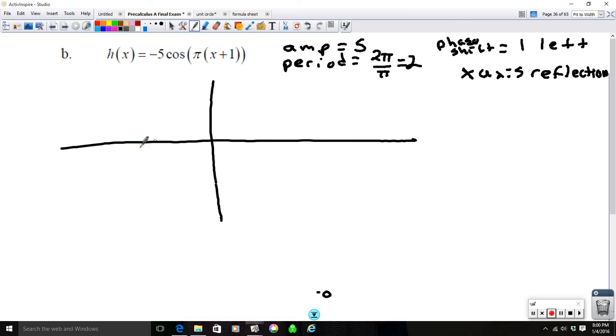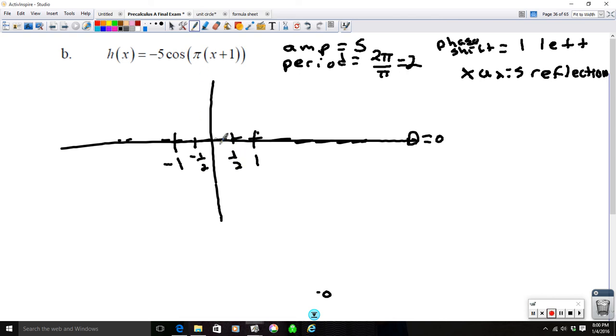Okay, so we didn't have a d value other than 0, so that's going to put our d at 0. Our phase shift is 1 to the left, so this is going to start over here at -1. It's going to have a period of 2. This is 1 and 1. So if you break that in half, this is -1/2. This is +1/2.